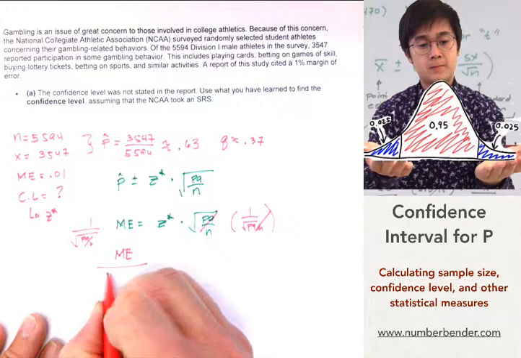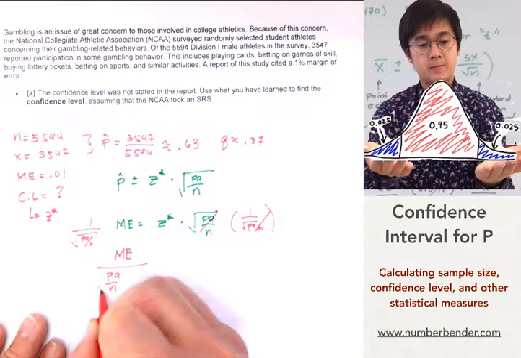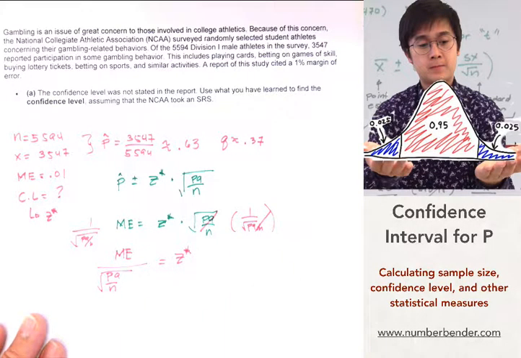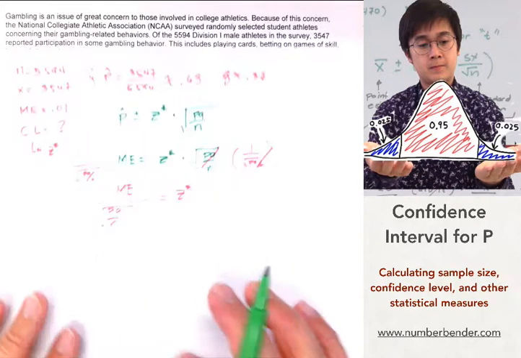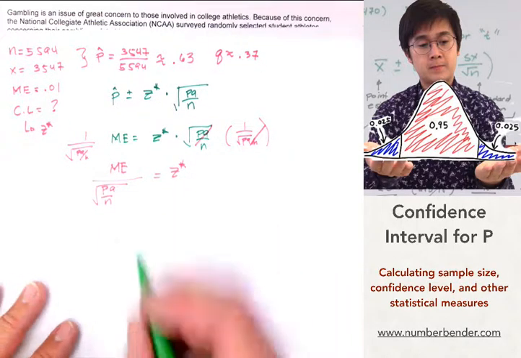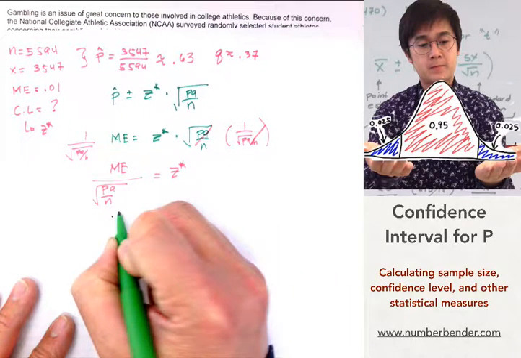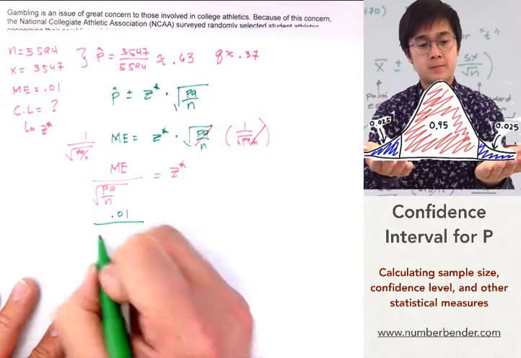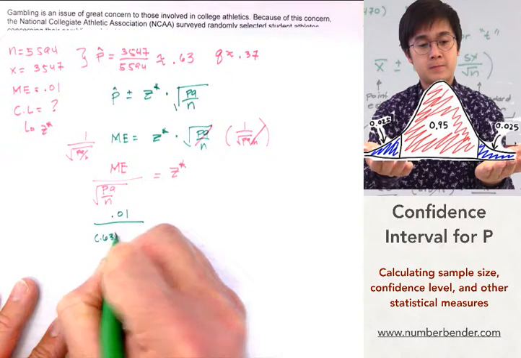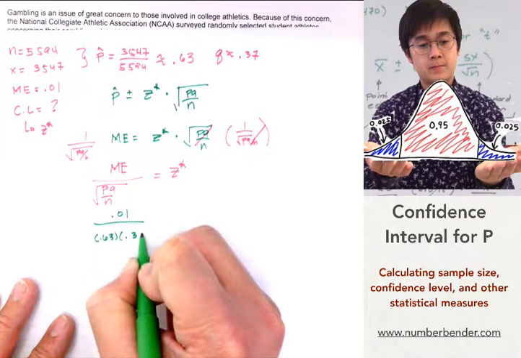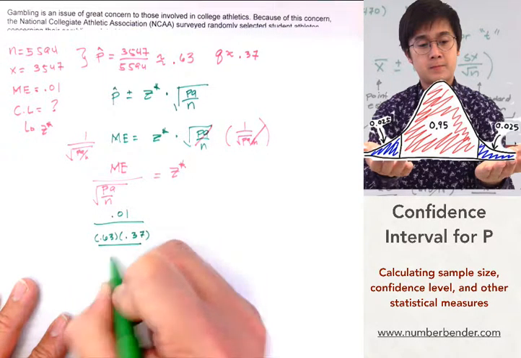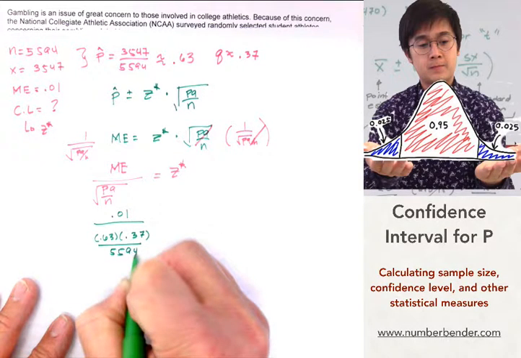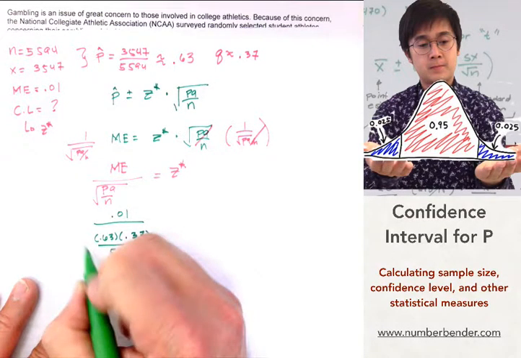So, using our given values, our margin of error is 0.01, all over P, which is 0.63, 0.37, all over a sample size of 5,594. And then we take the square root. So, this will be the value of our Z star.